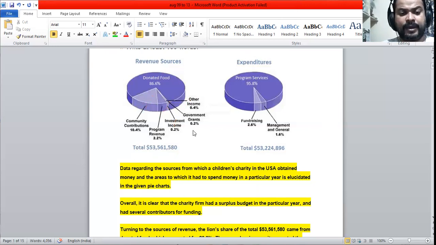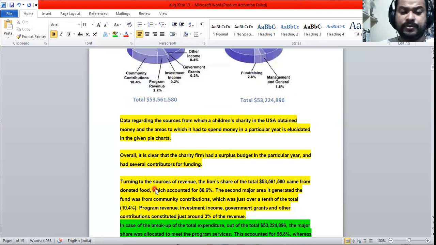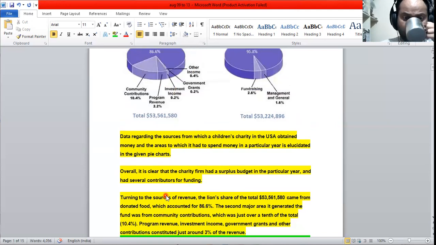Now, moving ahead, turning to the sources of revenue, the lion's share of the total came from donated food, accounting for 86.6%. It's in the past tense, so we have used accounted for.